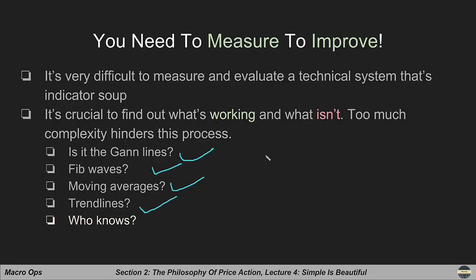You just don't know. Whereas if you have a simple system, maybe you have 3 different rules or 3 different techniques of entering, you can go and view the results of each technique and better isolate what's not going to work going forward. If you have too many things that you have to analyze, it's almost impossible to find out, hey, should I discard the GANN lines or the fib waves or what?